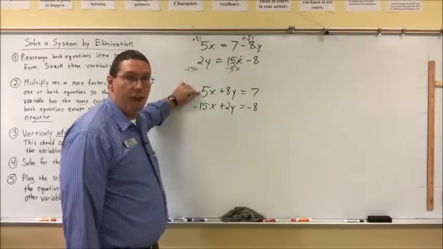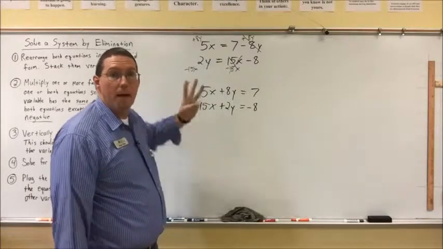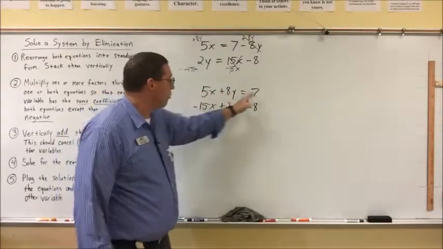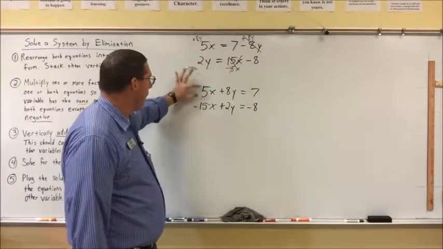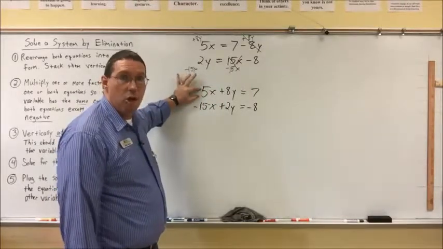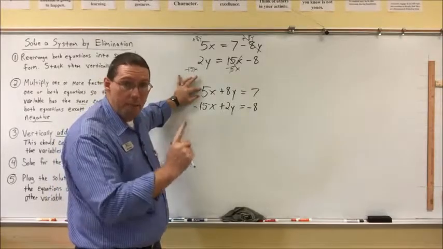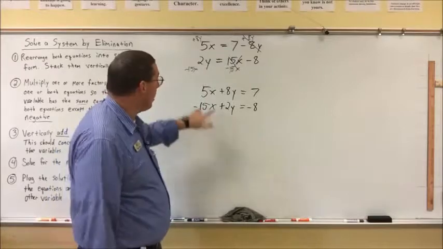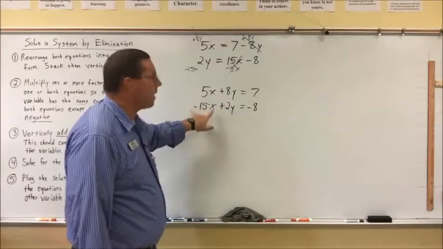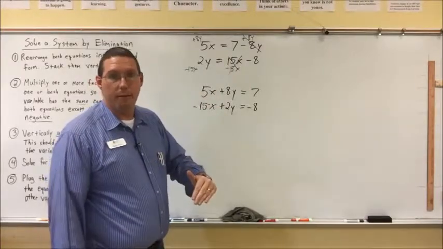I have a positive 5. But if I multiply through the whole thing by positive 3, it'll make that number a positive 15x. So one possibility is I can multiply through the top times positive 3. Then I'll have 15x here and negative 15x here, and I can eliminate.